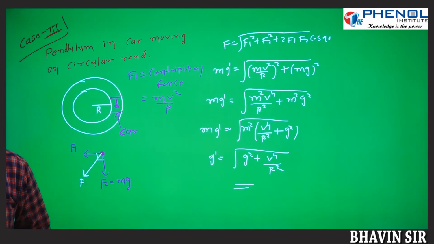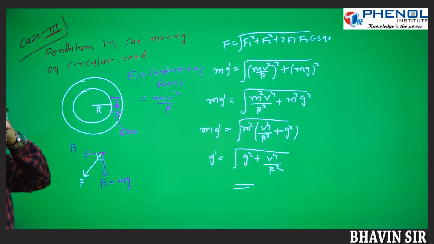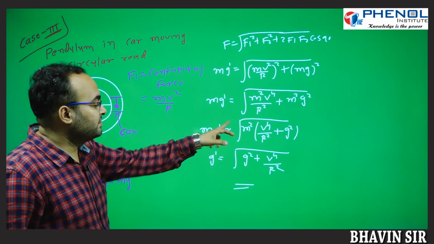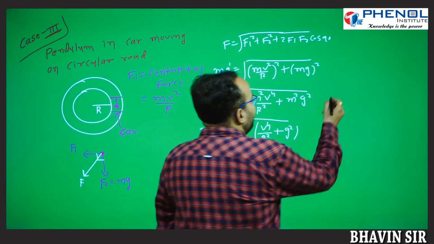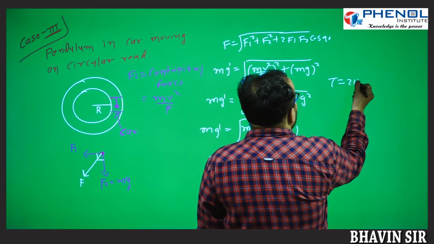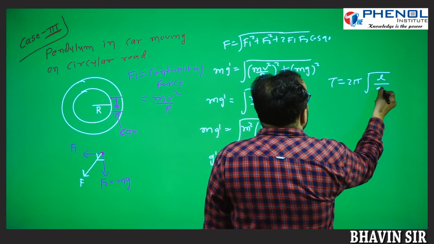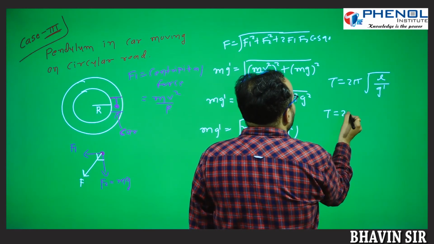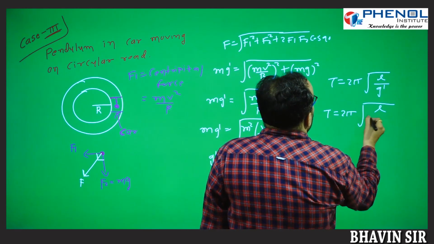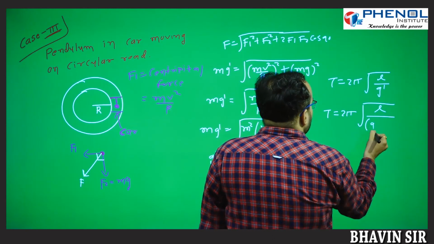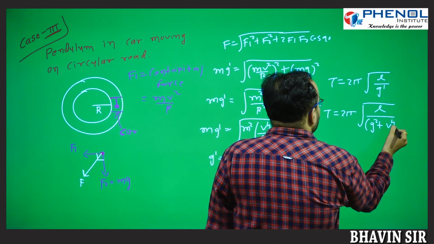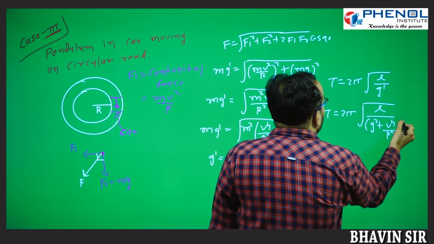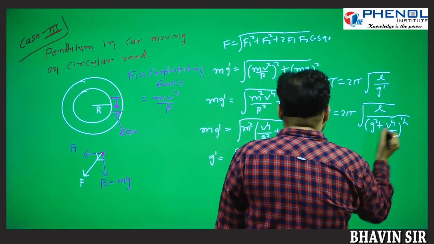Right students? Chalo. The m from the root of m square came, then g dash is the effective acceleration. So what is the time period now? g square plus v to the 4 by r square raised to 1 by 2.